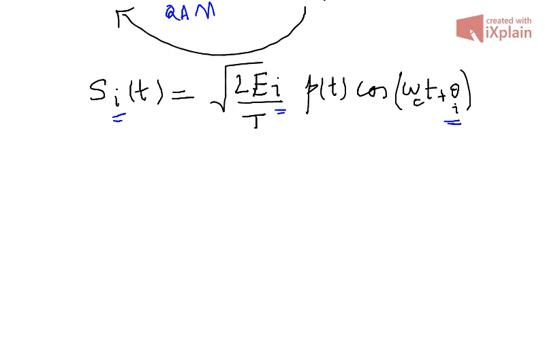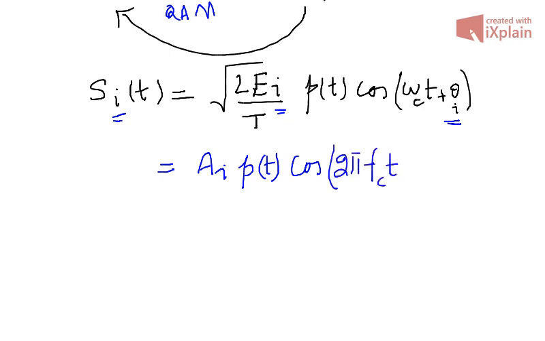If you open it up applying that trigonometric identity, let me first write it in a more compact form: A_i p of t cos of 2 pi f ct plus theta_i.